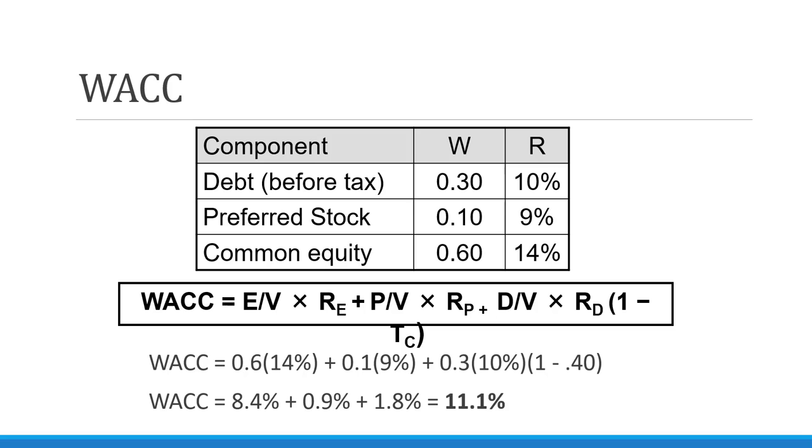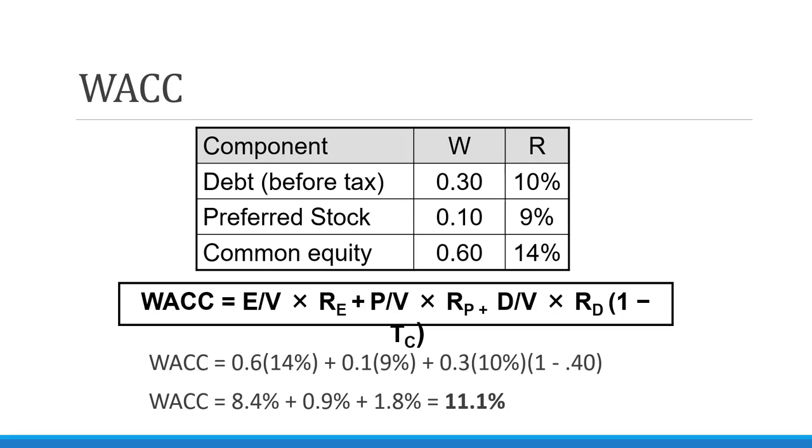We'll then take each component, the weight of each item, times the required return of each item. So our weight of debt is 30% and our required return is 10%. The preferred stock is 10% with a required rate of 9%, and our common equity is 0.6 of our capital structure, and our rate is 14%.